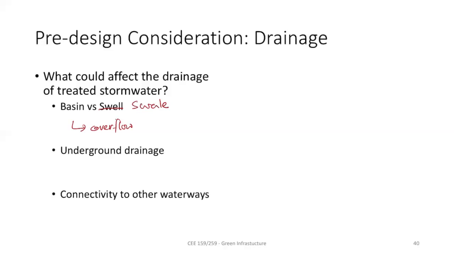And the second point here is underground drainage. This is about if your natural soil doesn't have high infiltration capacity, you do have to have a pipe or some kind of collection network system to drain treated stormwater.